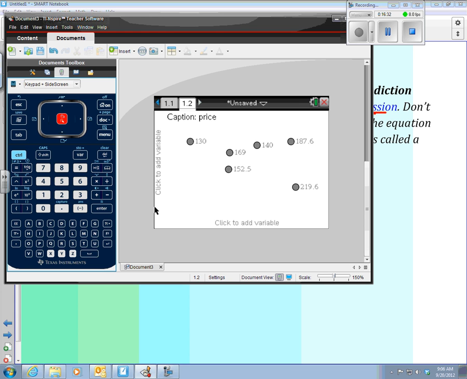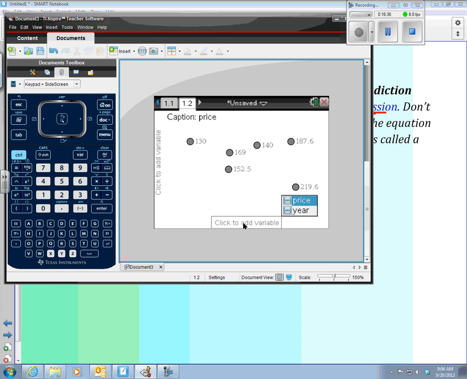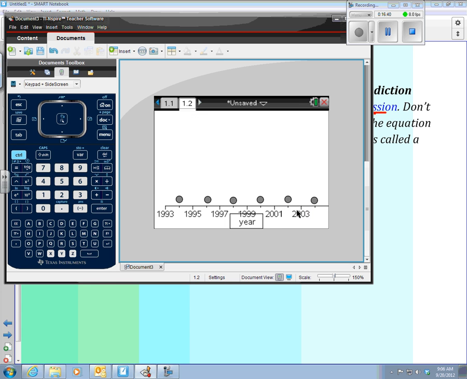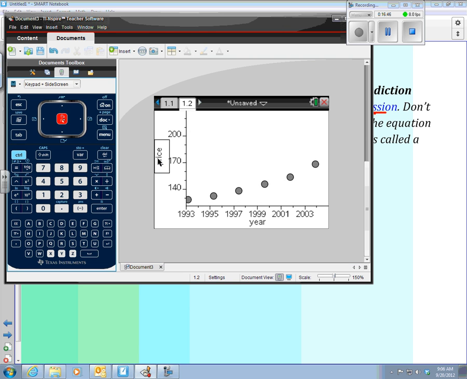What we have to do is go over here to where it says click to add a variable. And this is going to be our x-axis, so we're going to hit year right here. It puts it in a little graph there. And you're going to scroll over there, you can see me scrolling over. And then we hit price, and there's our graph. It graphs it very nicely for us and quickly.